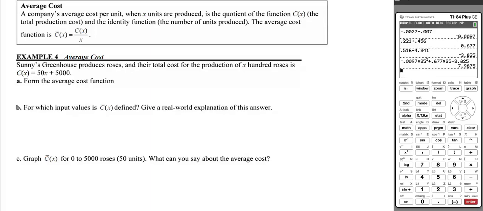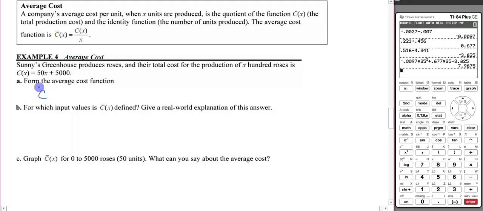Sunny's greenhouse produces roses, and their total cost for the production of X 100 roses is C of X equals 50X plus 5,000. Let's form the average cost function.